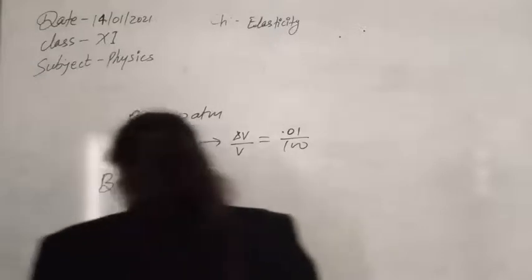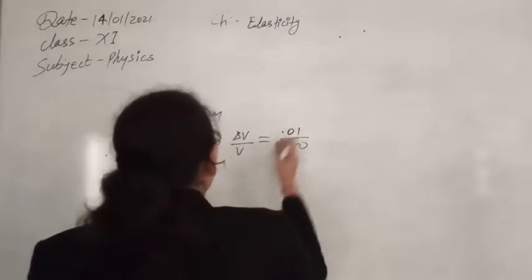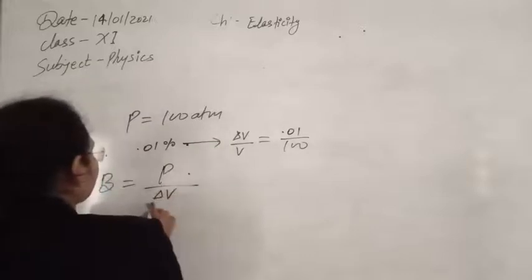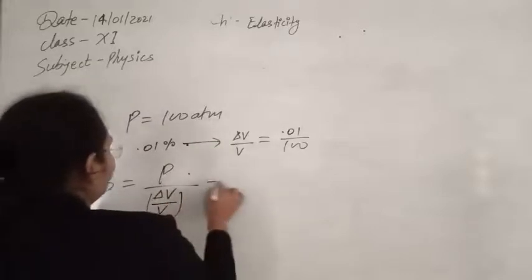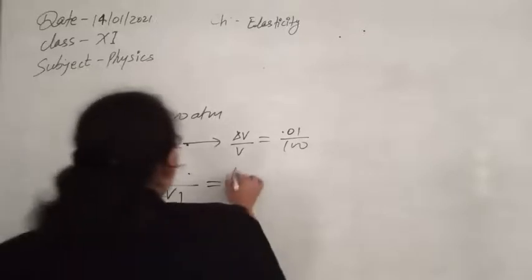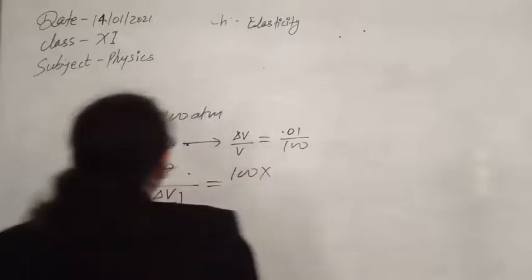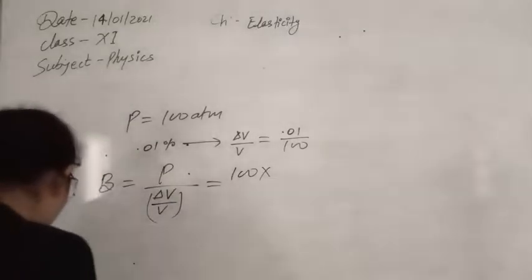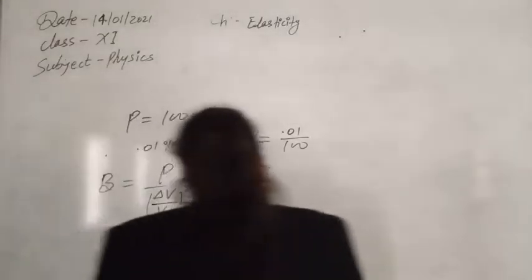You can put it directly here. The pressure here is given as 100 atmosphere. So you have to convert 1 atmosphere, first of all, into dyne per centimeter square or Newton per meter square, whichever you like.